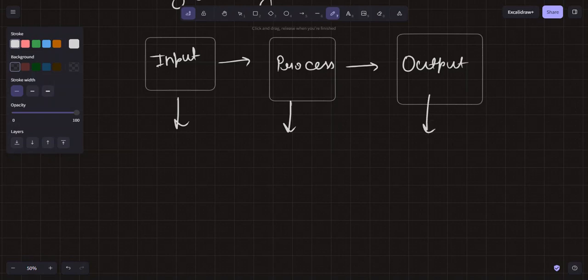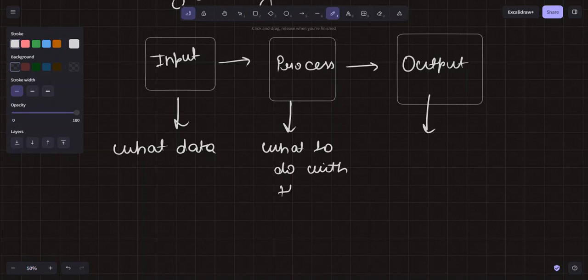So what does input mean, what does process mean, and what is output? Let's discuss this. Input means what data do we get? Process means what to do with this data. And what does output mean?